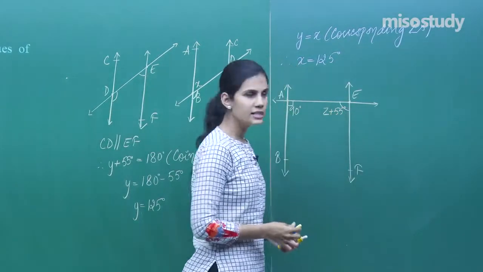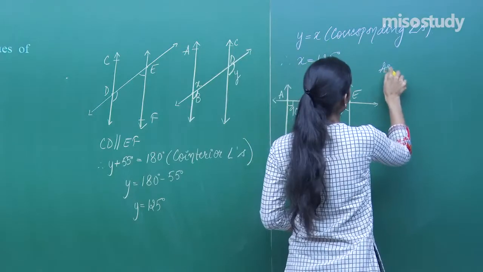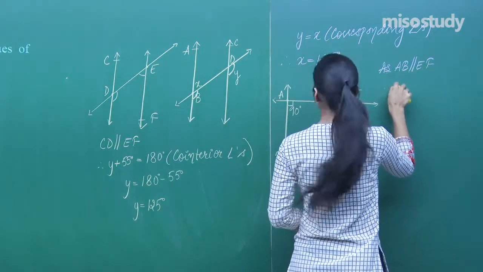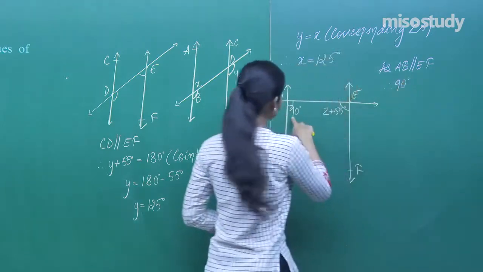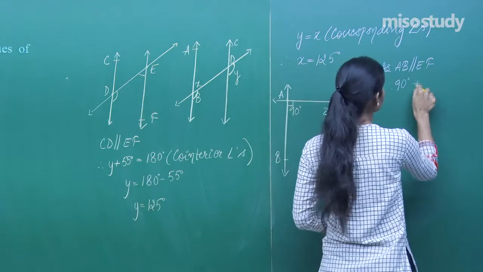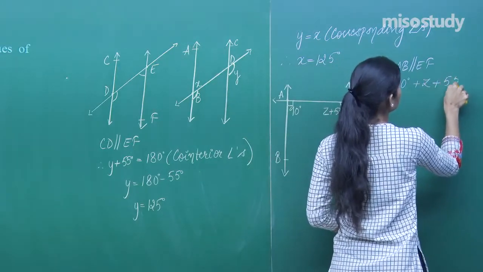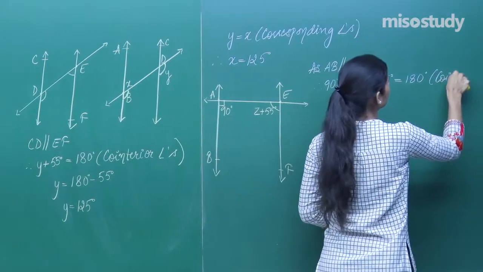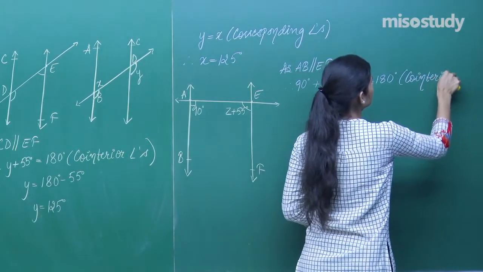plus 55 degrees. So as AB is parallel to EF, this angle plus this angle is 180 because they are forming a pair of co-interior angles. Okay, reason being co-interior angles.